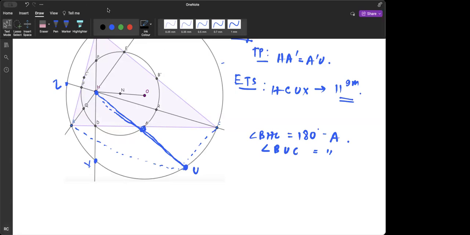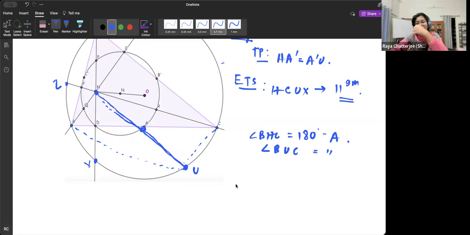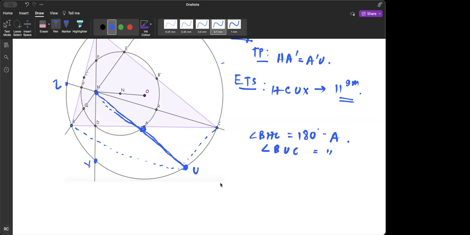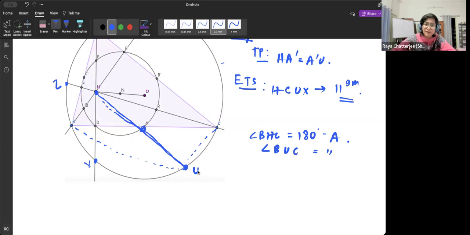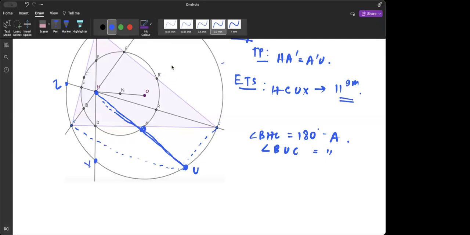Go on. Maybe we can use a phantom point U prime on the circle and show that the angle it makes with the other two vertices is also 180 minus A. Therefore, it should coincide with U. Okay, that sounds interesting. So we assume U to be the antipode of A, right?